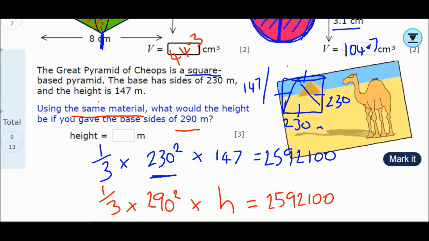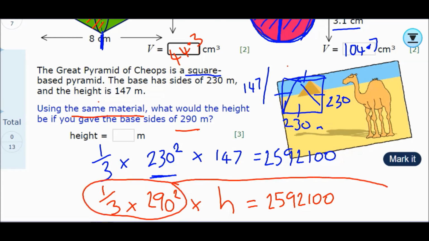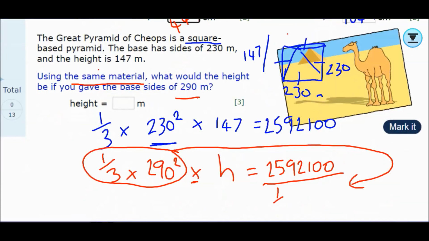So I'm going to take this and I'm going to throw it over this side, which means as it's being times by h, h is going to be that, because that's now moved.